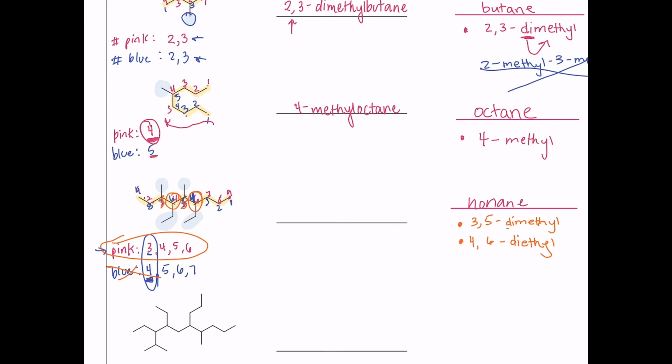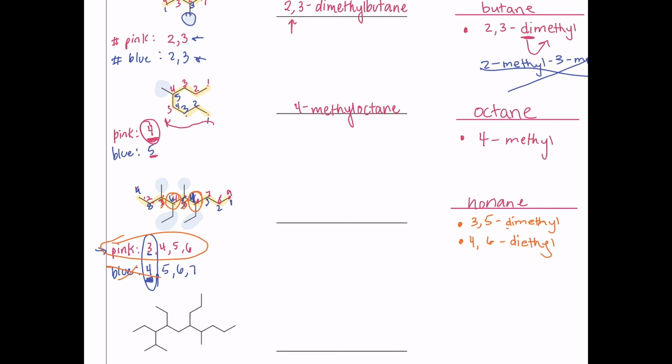When it comes to Latin prefixes, and these include di, tri, tetra, these are just showing the reader how many of a substituent we have. We do not include di, tri, tetra, penta, those Latin prefixes, when we're considering the alphabetical rule.